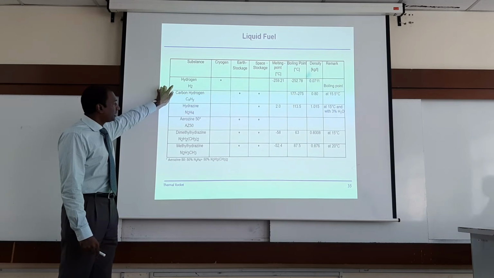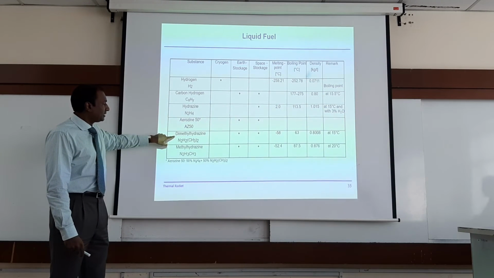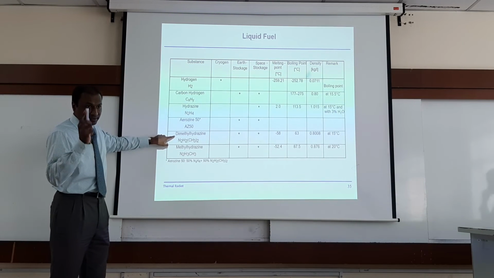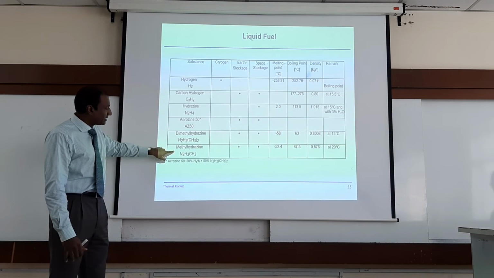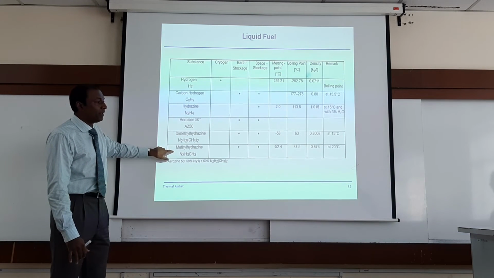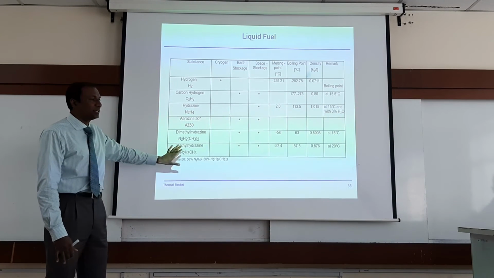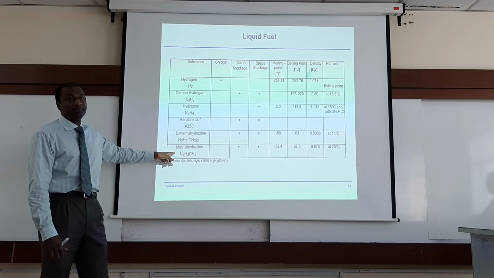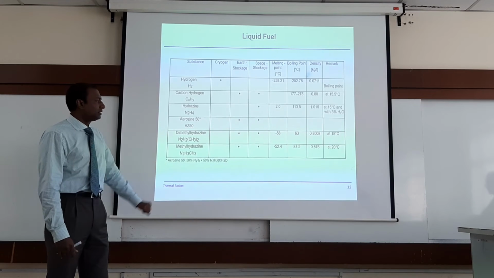Please mark hydrogen, hydrazine, and dimethylhydrazine, the unsymmetric hydrazine, which is popular. The final one is also hydrazine, monomethyl, MMH. MMH is quite typical in satellites. You can find it in most of the satellites flying now, which use MMH as a fuel.